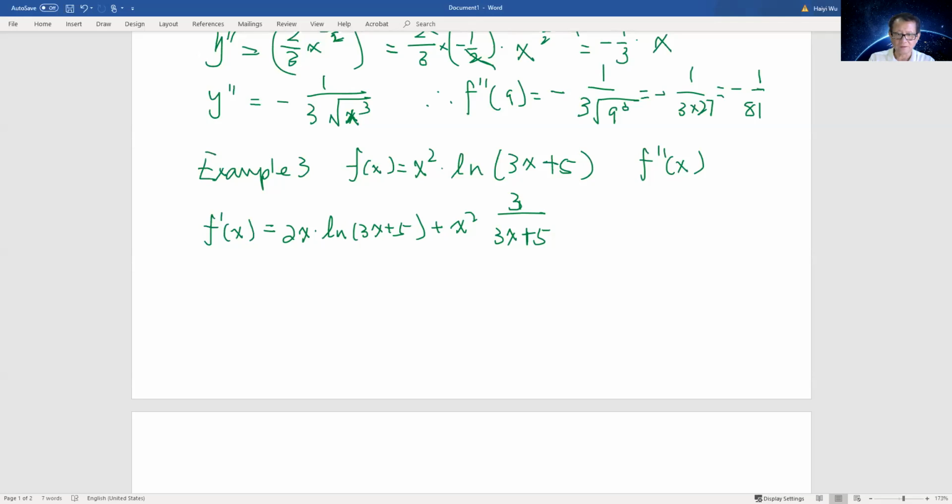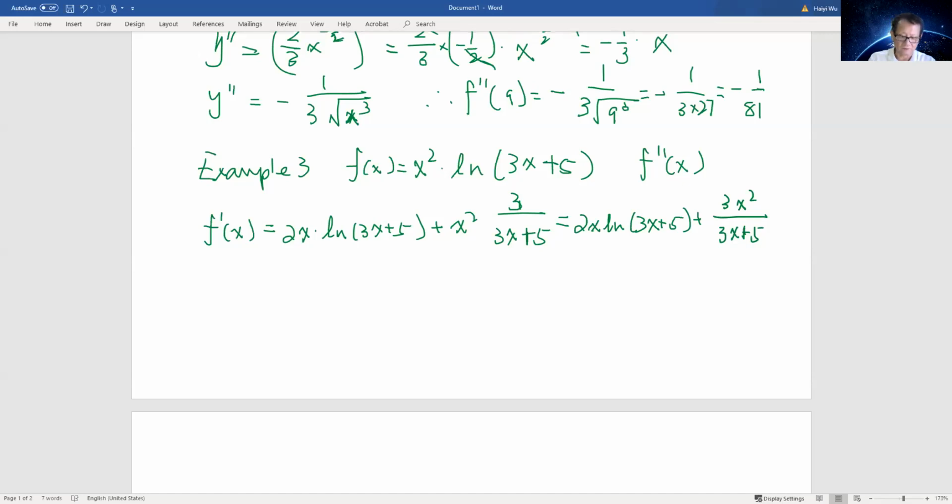Okay, now we simplify to 2x log of 3x plus 5, then you have plus 3x squared divided by 3x plus 5.